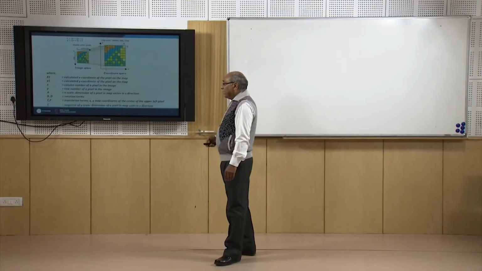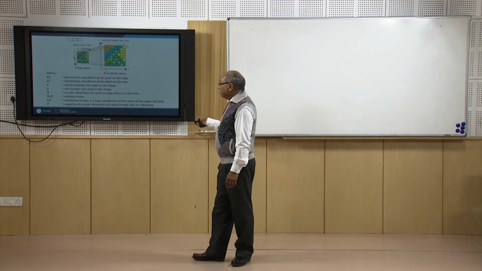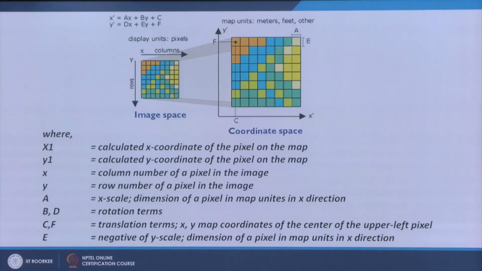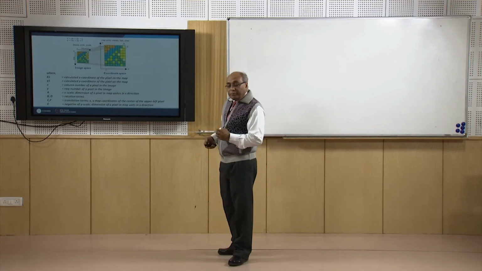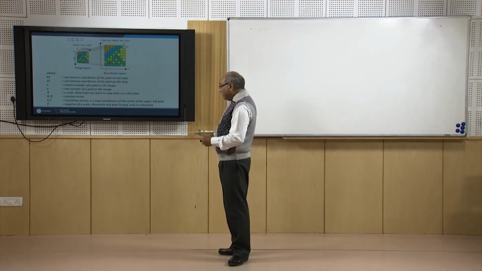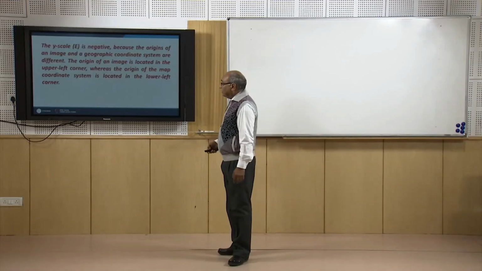One more thing is the negative of the y scale, because I mentioned that in a scanned map or image the coordinates start from the top left, whereas in a georeferenced map the coordinates start from the bottom left. Therefore the negative of E plays an important role as the y scale, the dimension of a pixel in map units in the y direction. That has to be accommodated in my scale.